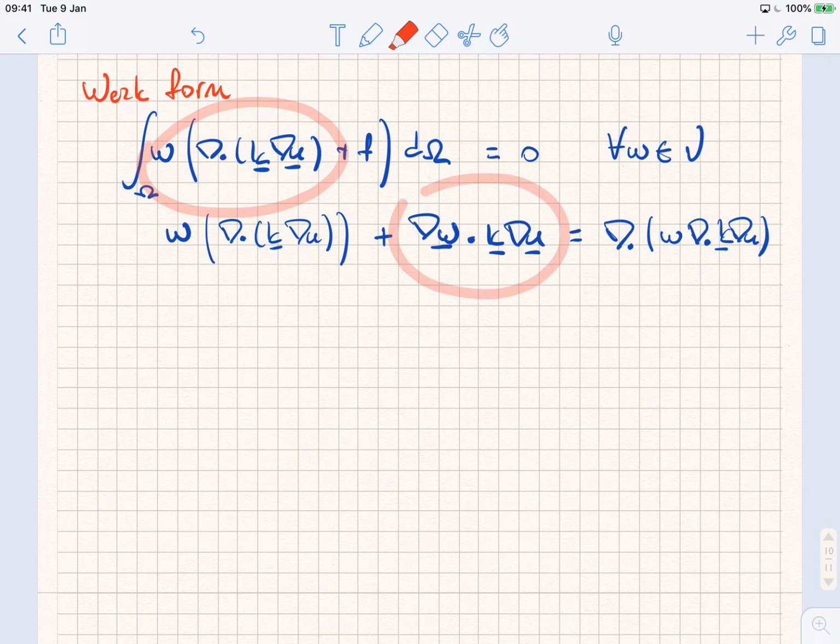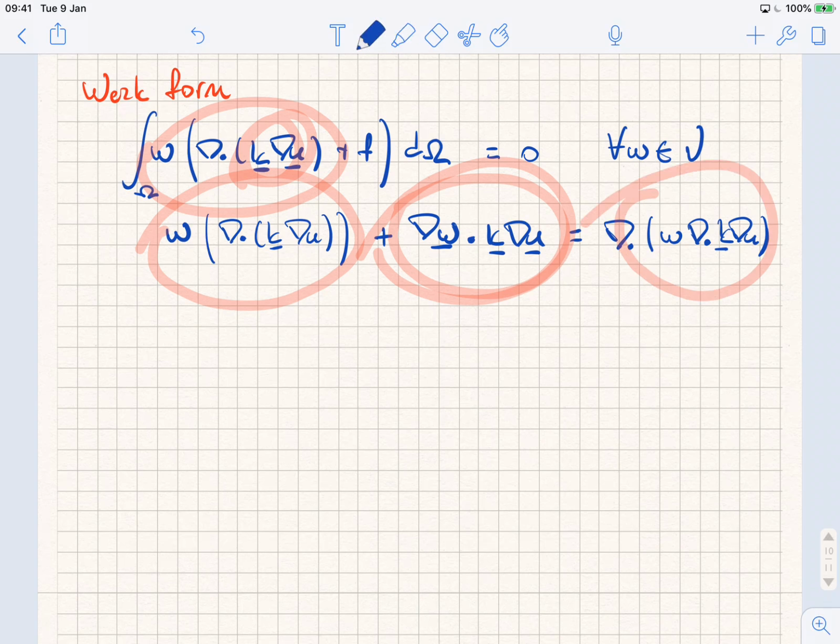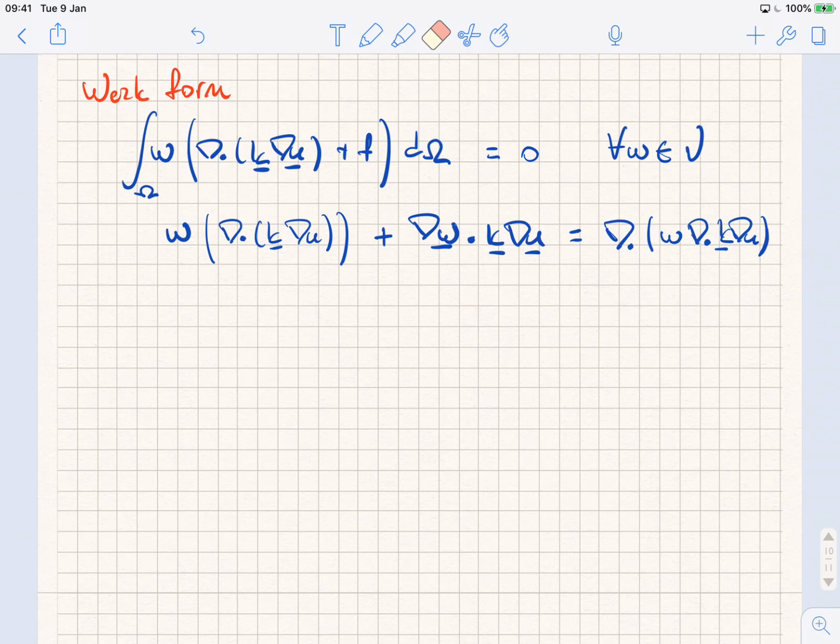So I take this thing without applying the derivative there and apply the derivative to the other term, which is in this case our weight function, which is a scalar field. So this whole thing is now a scalar. I have a scalar here and a scalar here. And that is by definition applying the divergence to that whole expression, and that is what we have here on the right. You can also prove this in component form, but let's not spend too much time there.